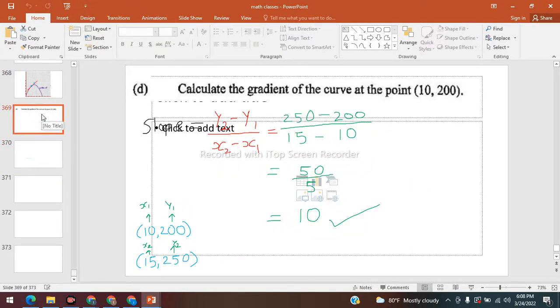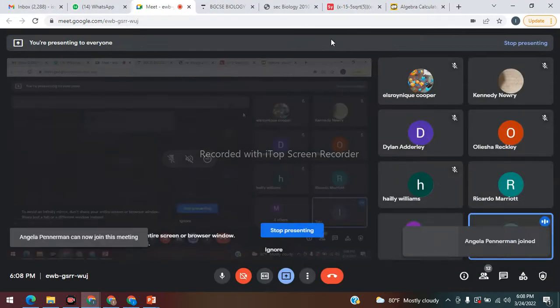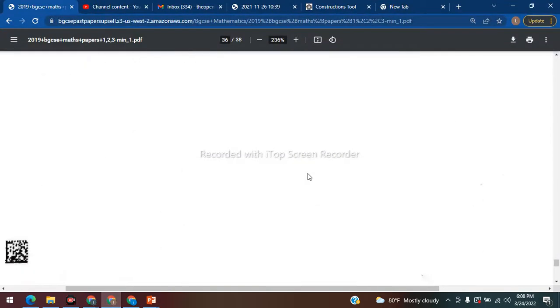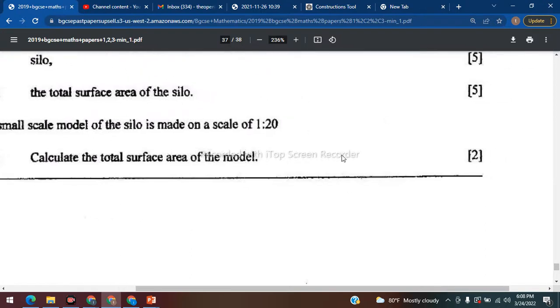The last question was 1 to 20, and I haven't figured that out yet. That was this: calculate the total surface area of the model using that scale. I'm not sure what we have to do on this one, so that's why we haven't done it yet.